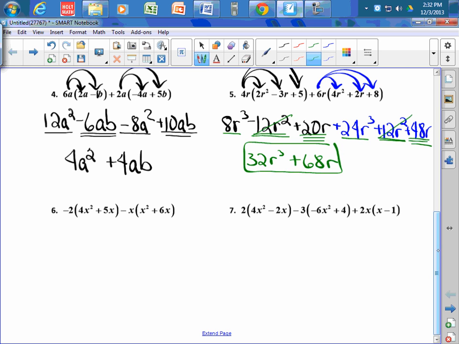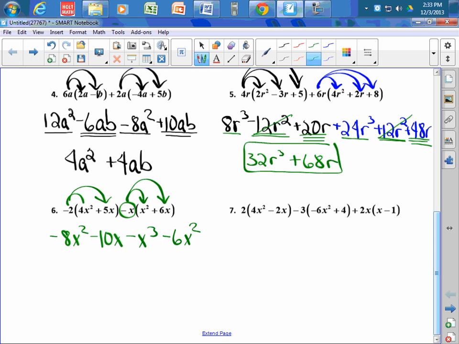And lastly, number 6. The last two problems, I should say. Negative 2 times 4x squared, negative 8x squared, negative 2 times 5x, negative 10x. This is a negative 1x times x squared, negative x to the third. Negative 1x times 6x, negative 6x squared.